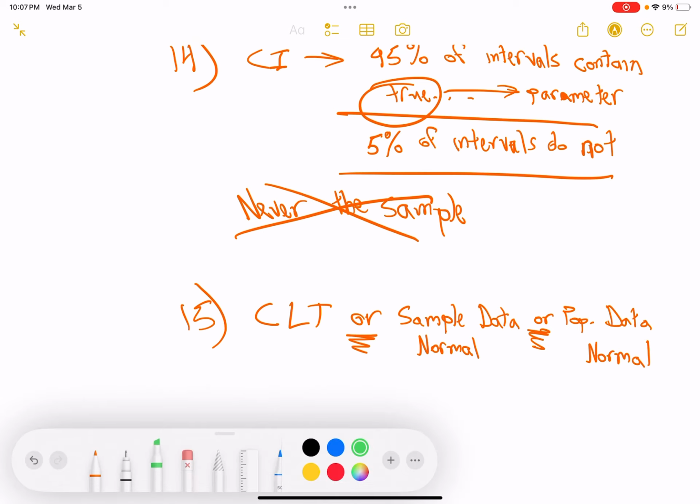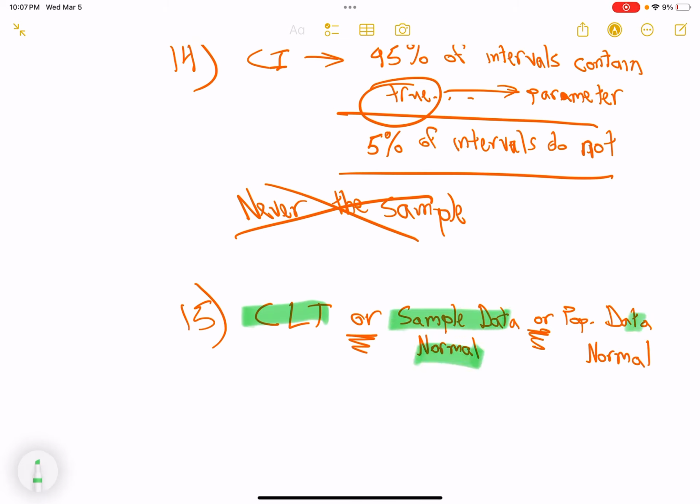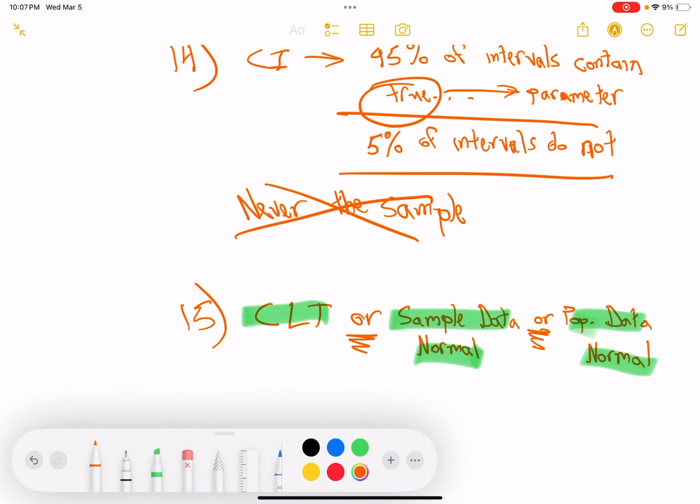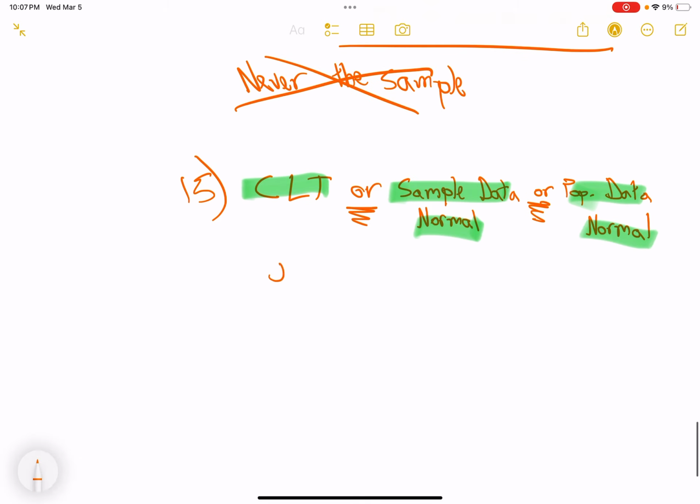If any one of these proves true, then for means, you're approximately normal in your sampling distribution, and you can do all the things that you want to do. If any one of these is right, you're good to go.